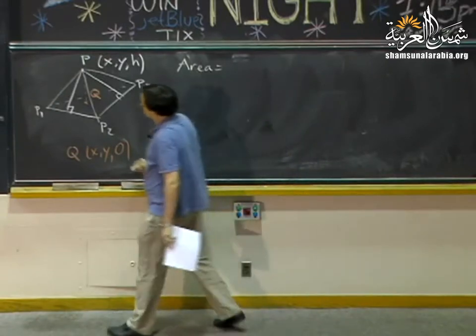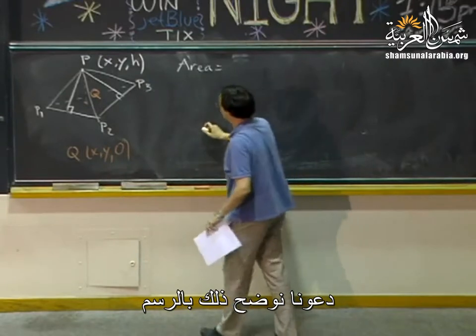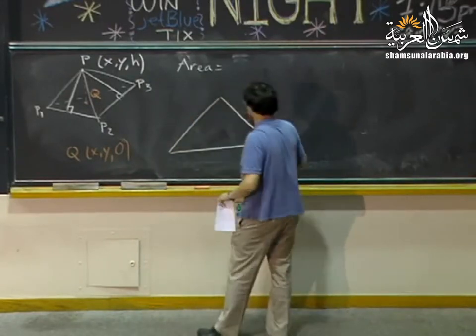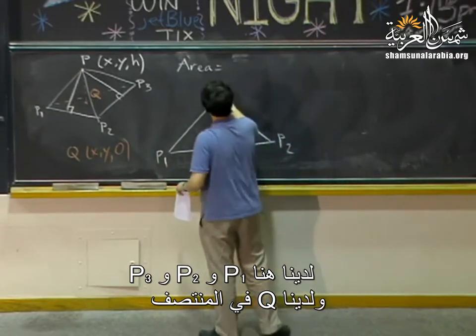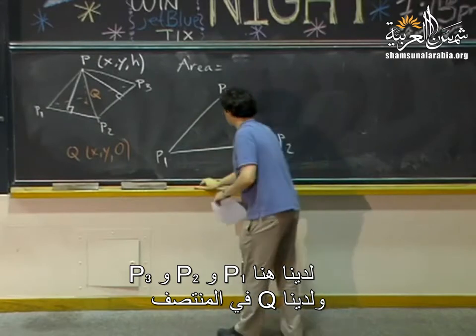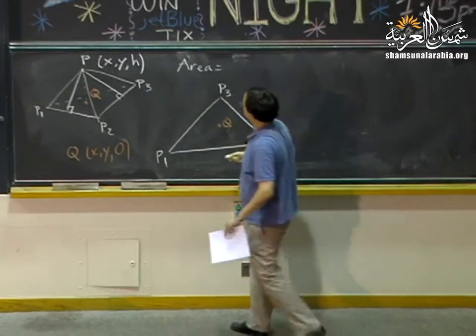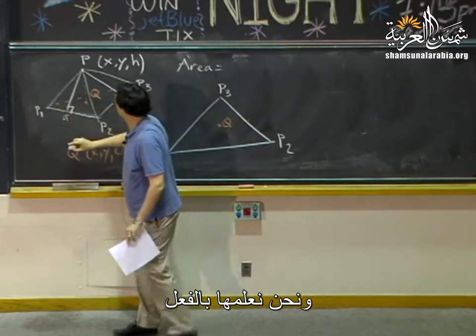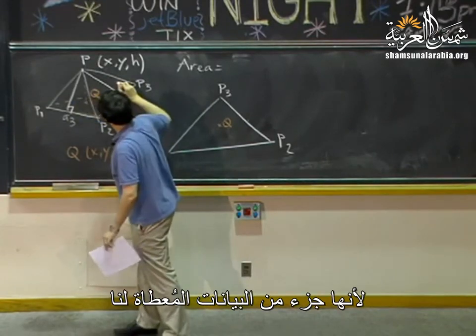So let's see. Let me draw a picture, actually. Let me draw a map of this thing, seen from above. So you have P1, P2, P3. I have my point Q in the middle. So to know these areas, I need to know the base. Well, the base, I can decide that I know it because it's part of my given data, right?